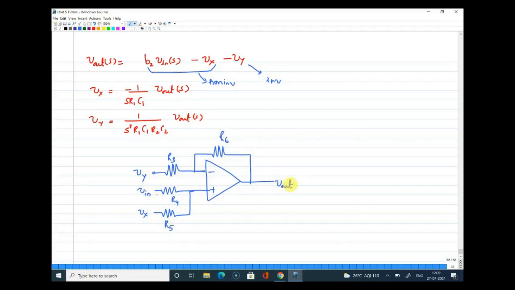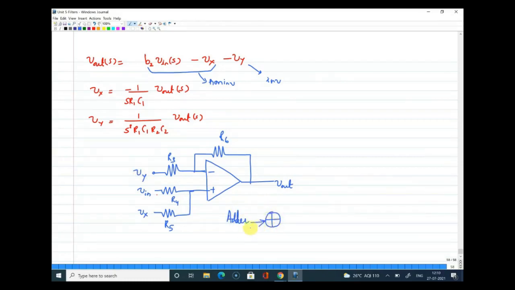Right. So what you are seeing on the screen now is only the adder. Now I should use other two op amps such that Vy and Vx can be generated out of that, and the outputs from those two integrators should be fed back to this. So this is only the adder. In the block level diagram, I have used one adder, and that adder had three inputs.